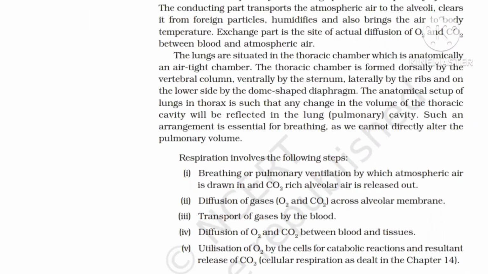Now see here, it is given in the NCERT that lungs are situated in the thoracic chamber. First of all, you should know our body cavity is divided into two with the help of the diaphragm, which is dome shaped.